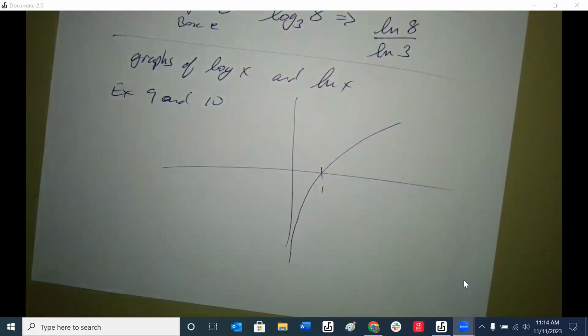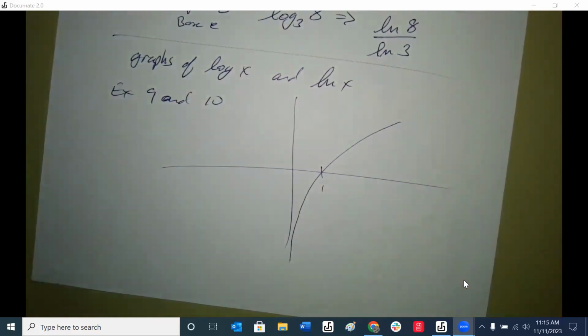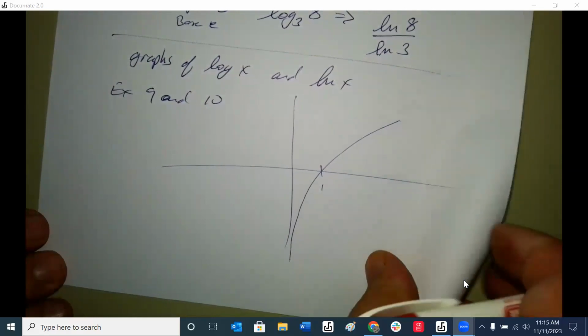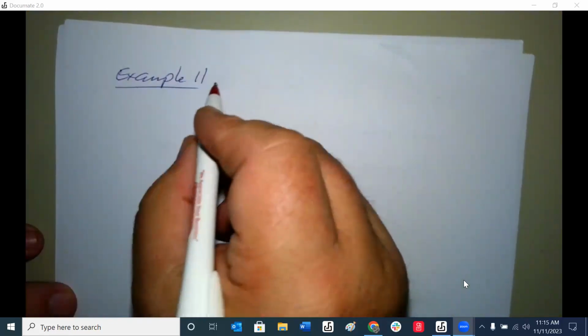The only thing different is the speed in which it changes. Let's look at graphing the shifts of them. This is example 11.